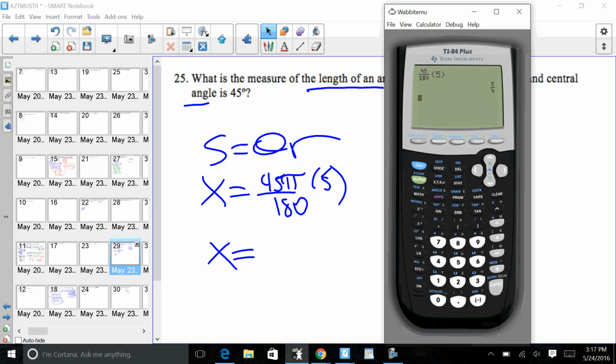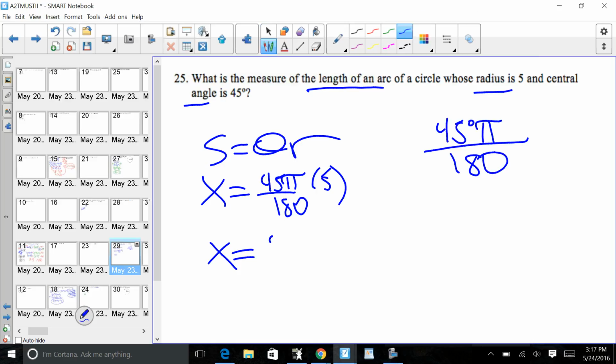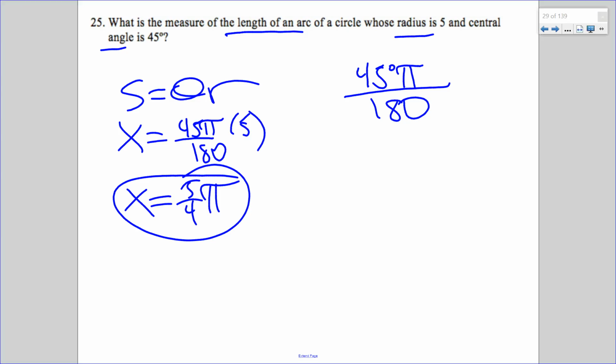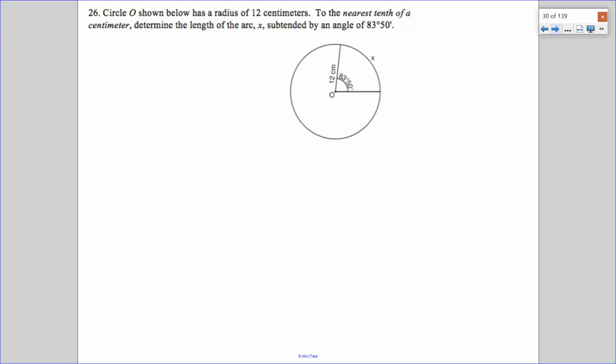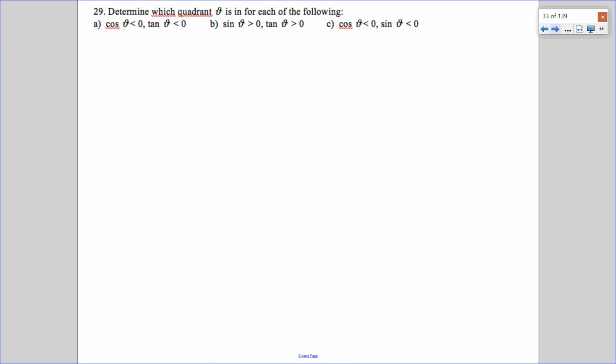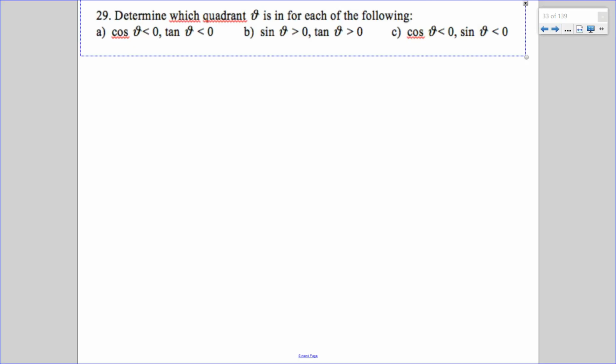I have 5 over 4, so my answer is 5 over 4. So that applies for 25, 26, 27, 28, and that brings us to 29.